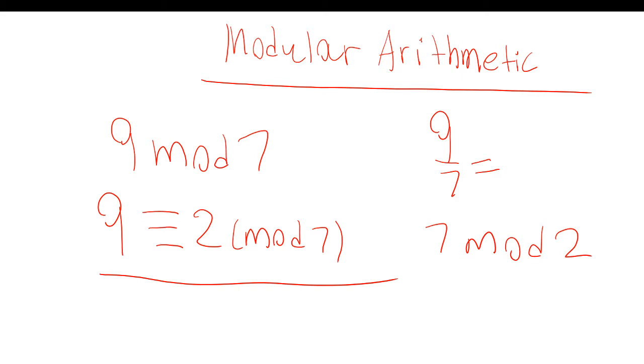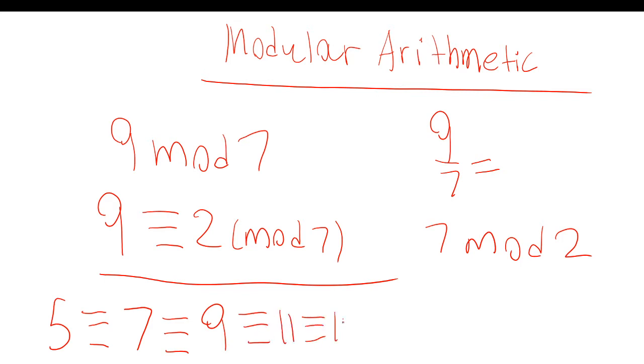So we can now say that 7 is congruent to 5, and to 9, and to 11, and to 13, all in mod 2.